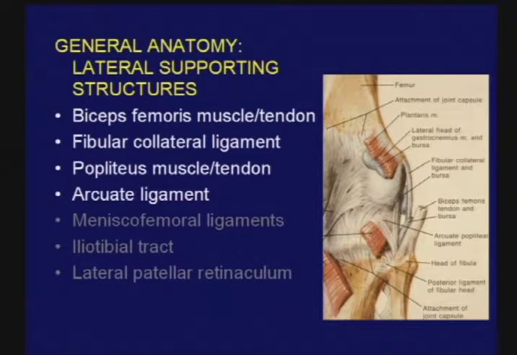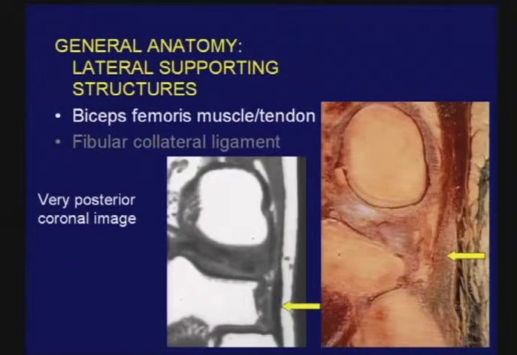So the finding of edema just superficial to the myotendinous junction of the popliteus is pretty good evidence you've got a problem with the smaller ligaments in the posterolateral corner. It should be on your checklist of observations you need to make.